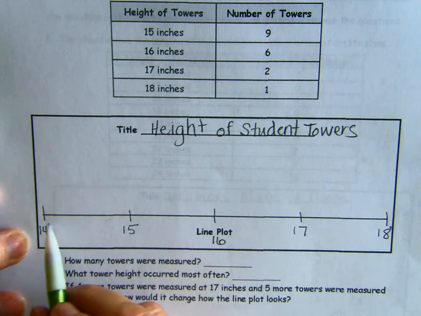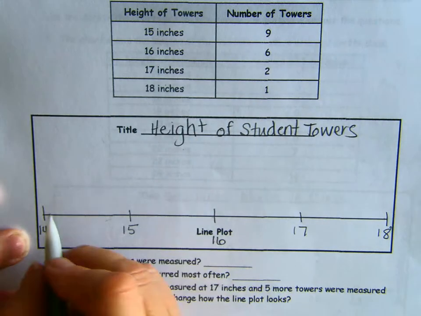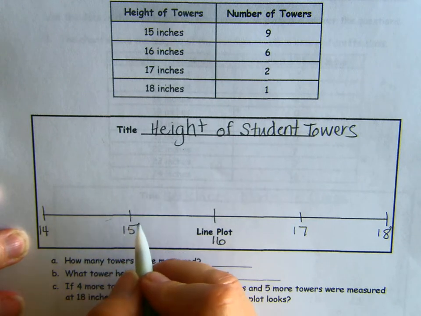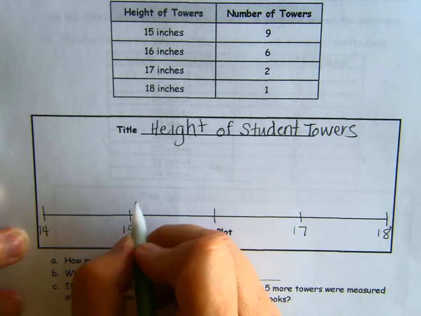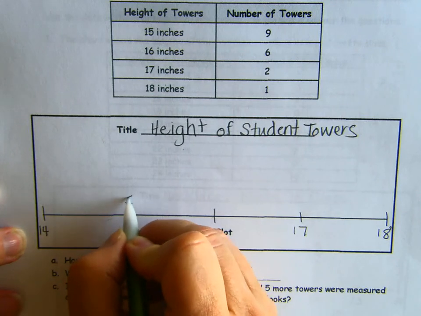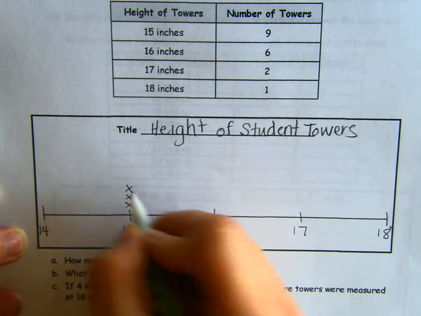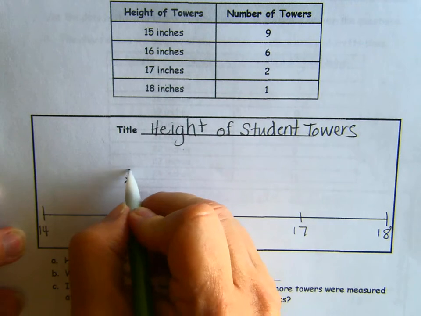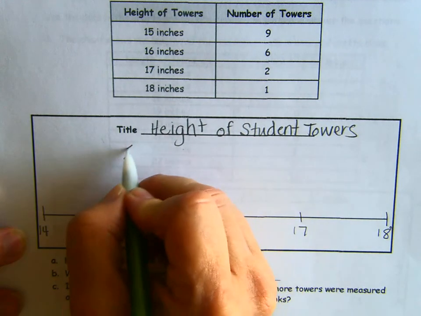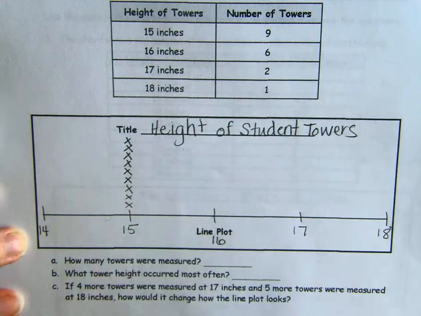But we started at 14 and there's not that. So there's nothing here. And we have 9 towers that were 15 inches tall. So we're going to put 9 here. 1, 2, 3, 4, 5, 6, 7, 8, 9.